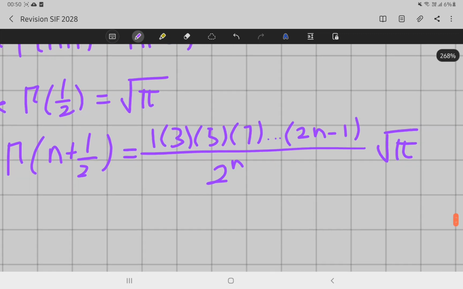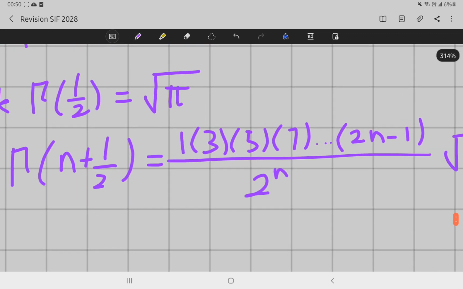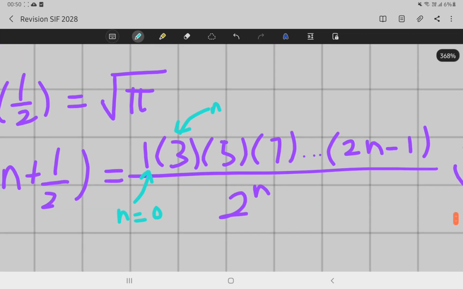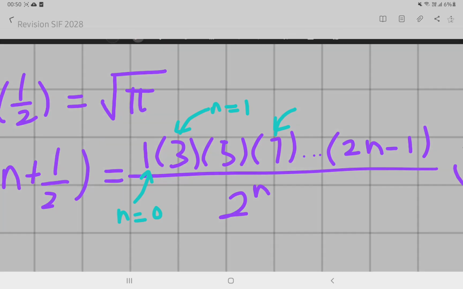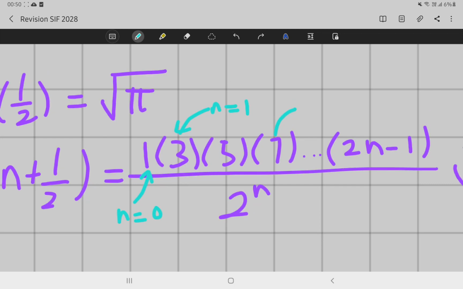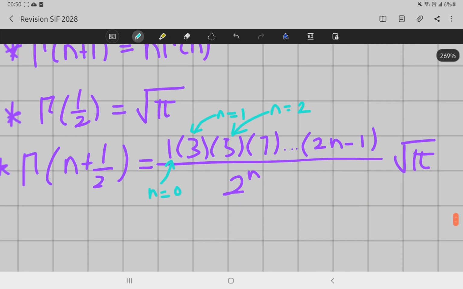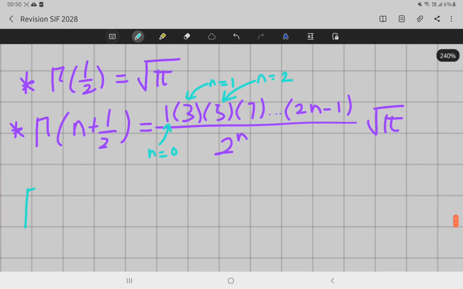So the way to use this formula is, this is until n equals 0, this is until n equals 1, and this is until n equals 2. For example, if I want to find gamma with n equals 2, so 2 plus a half is basically 2.5, or 5 over 2.